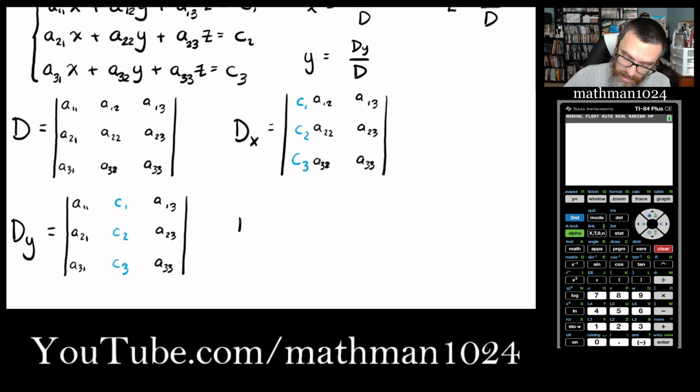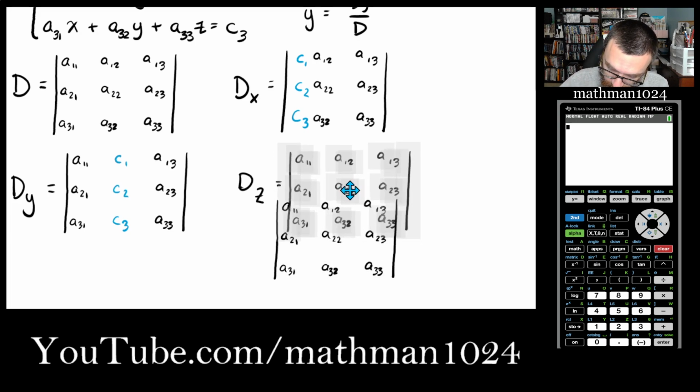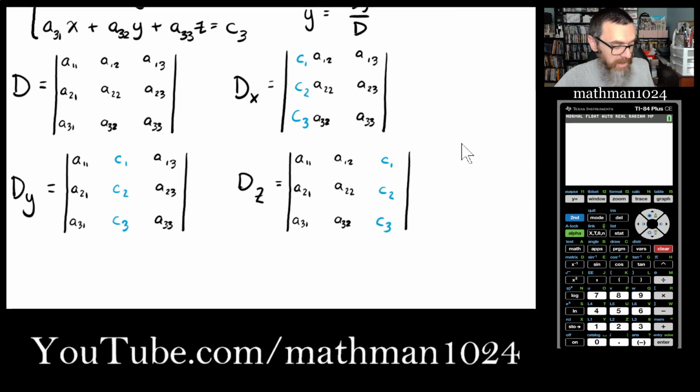And I'm sure, surprising no one, for dz, I would erase all of the stuff in my z column and replace that with C1, C2, C3. So that's how we define each of these matrices, each of these determinants.